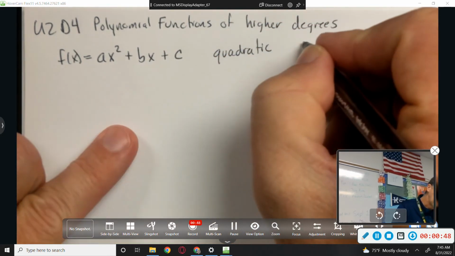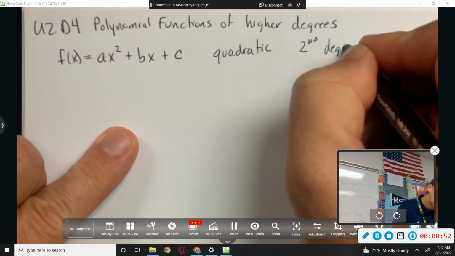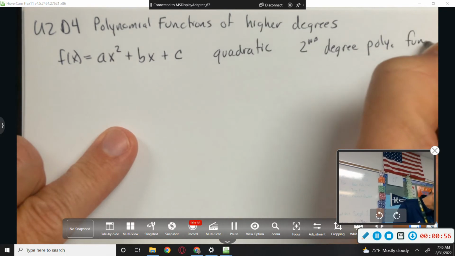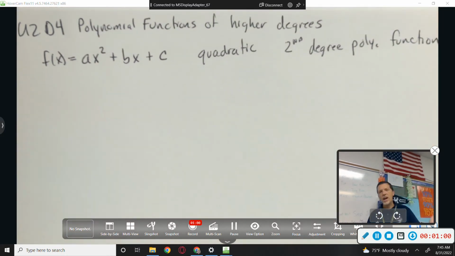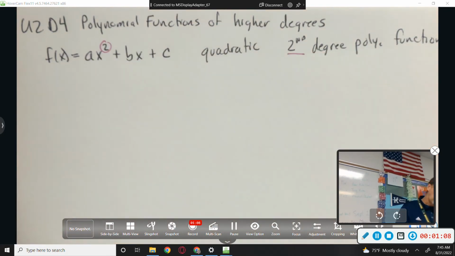And we would say that is a second degree polynomial function. Lots of words there. Second degree because the highest power is 2.